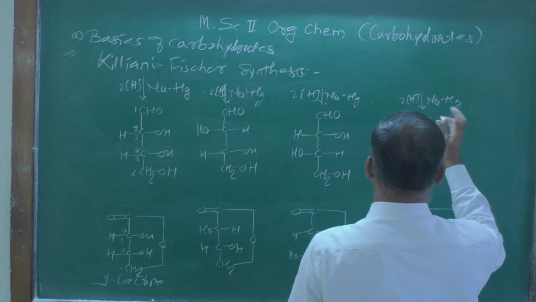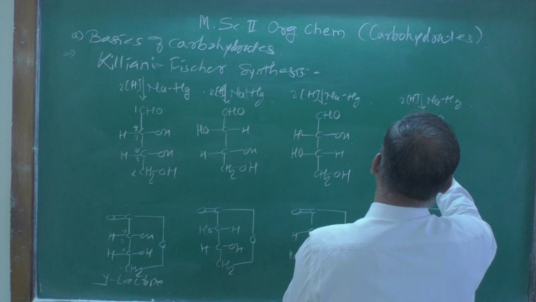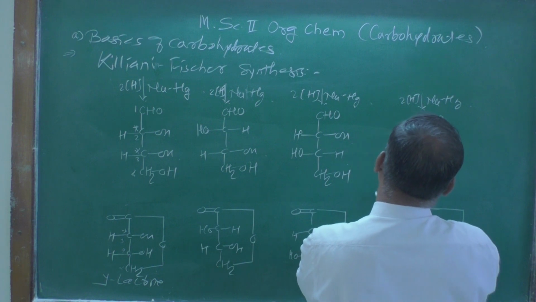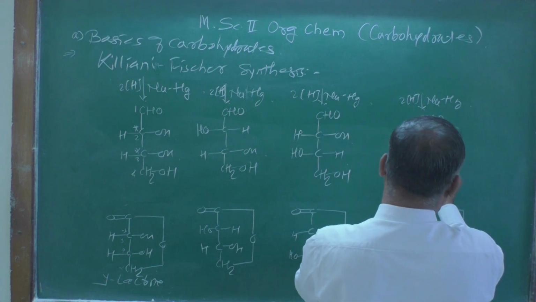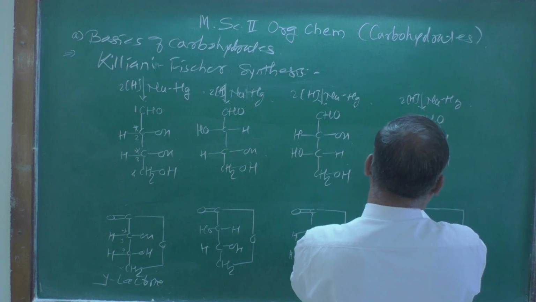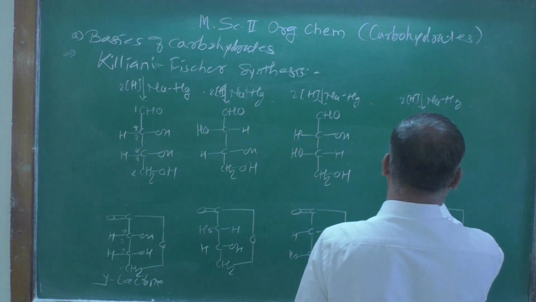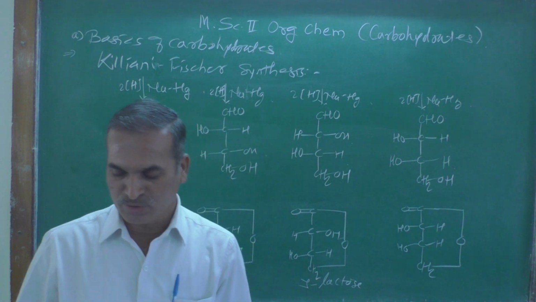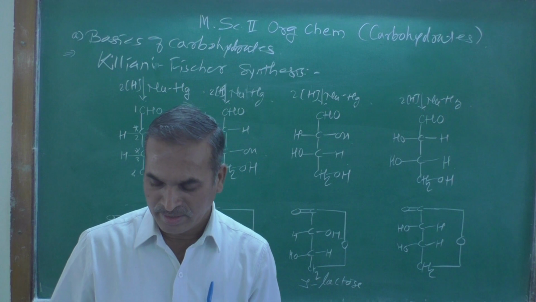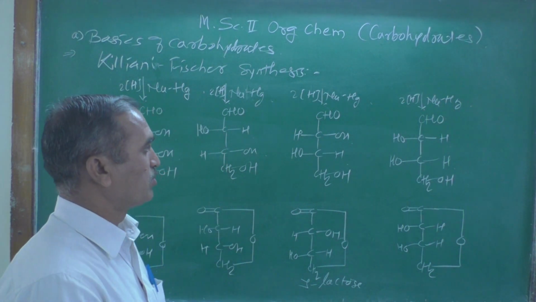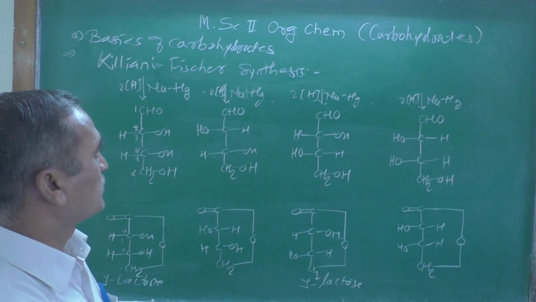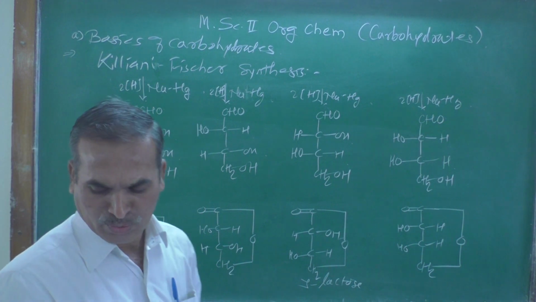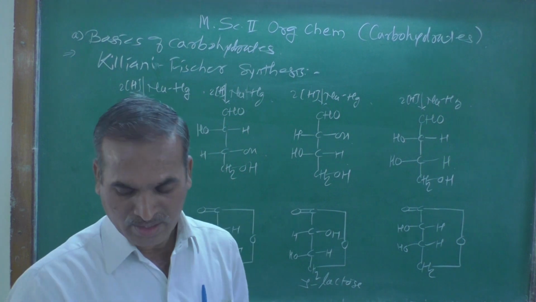Now in the second case, here again CHO, then carbon with hydrogen atom on the right hand side and hydroxyl group on the left hand side, then again hydrogen atom on the right hand side and hydroxyl group on the left hand side, and then CH2OH. These are the tetroses which we got over here, and after that we will again reduce that carbonyl group further.